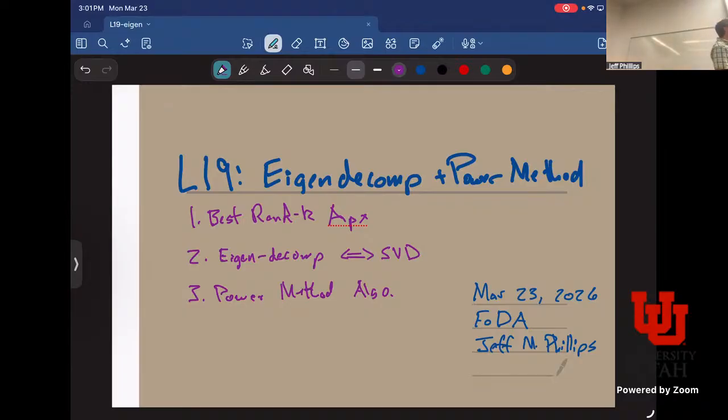And then the third thing we'll get to is the power method, which is an algorithm to actually compute these things. So far we just said there was some magic command that you could run inside of Python or any other language, and we'll look a little bit under the hood. There's a really long history of methods to compute these things. The power method, I think, is the simplest version and the one that captures the core contents.